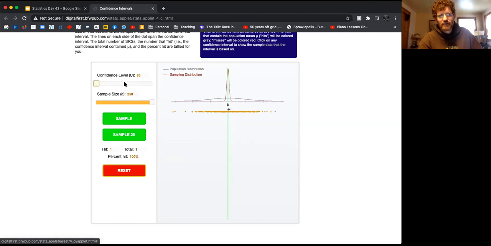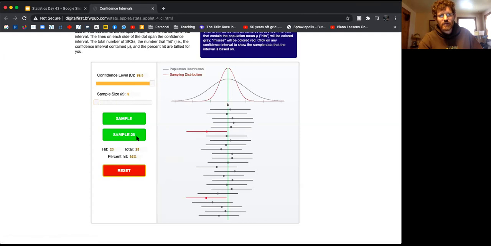I could lower the confidence level and that gets very, very small. So that's the key takeaway here. You can see at the very extreme what our confidence intervals look like compared to a small sample size and a big confidence level, how wide they are there.